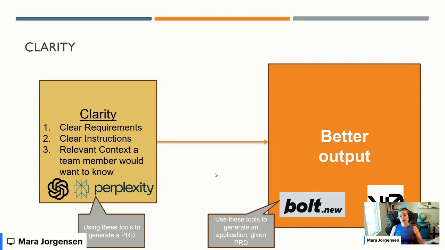But we'll be using other tools on the back end. Particularly, we're going to try Bolt for this application. But there are lots of other options that can generate the actual code or the application given the PRD as an input. So what we are doing today is an input to the application. We are not going to be building the application today. We're going to simply be building the input to it.